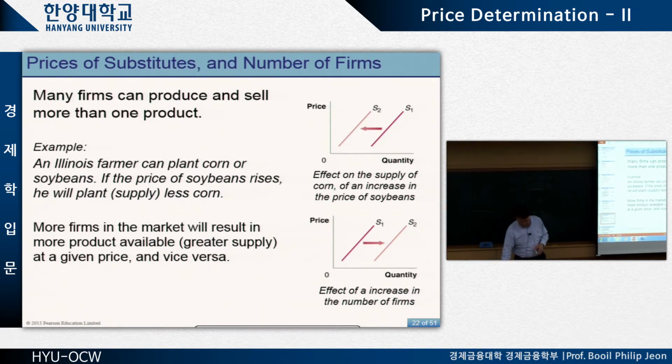Okay, and number of firms means if there are more producers, certainly the supply will increase. When something is first introduced, like what was it?